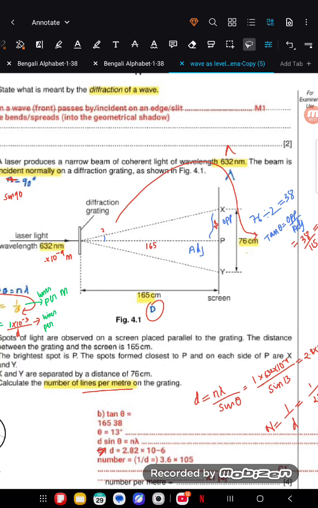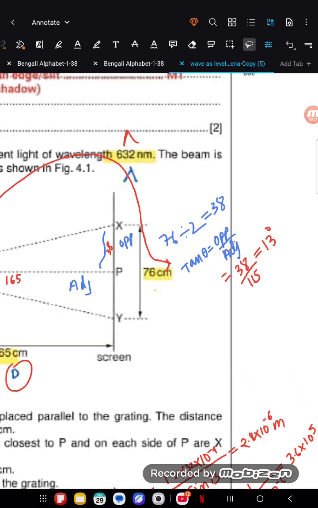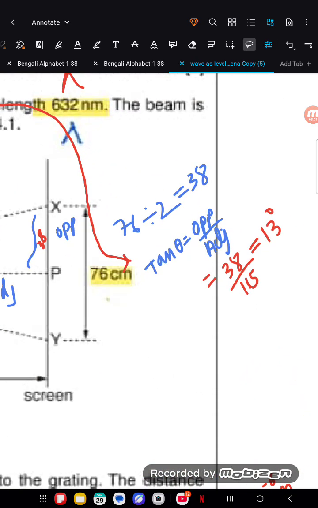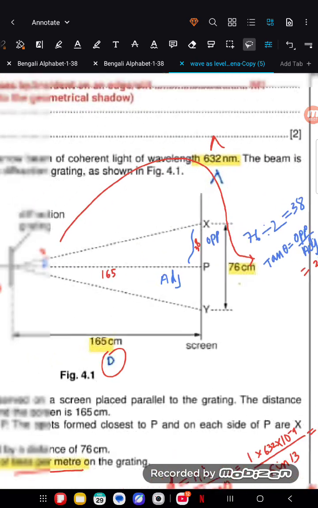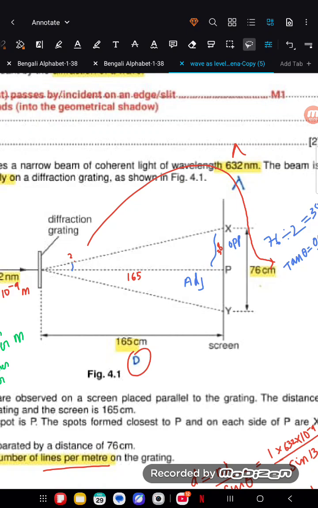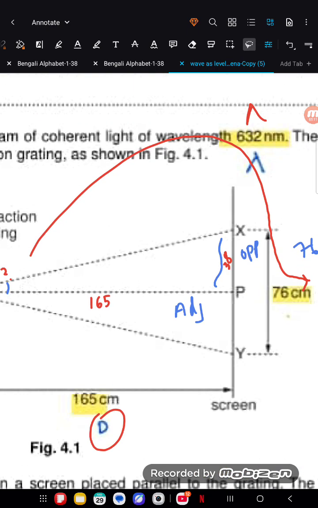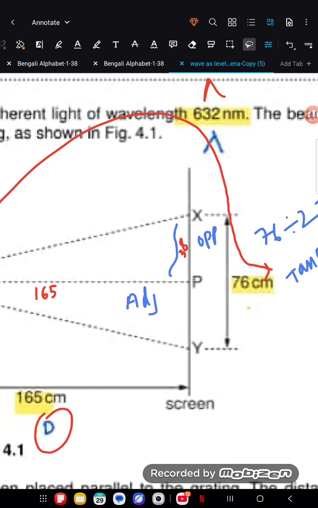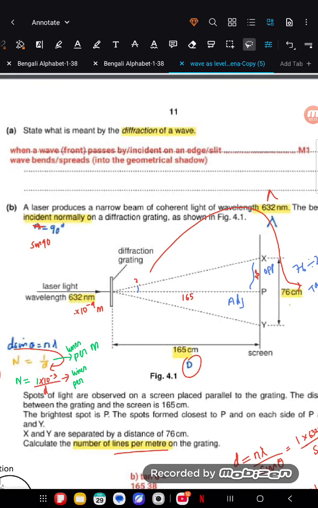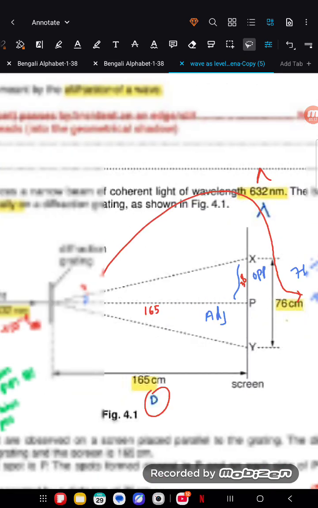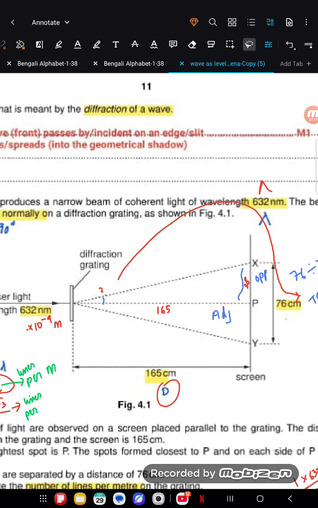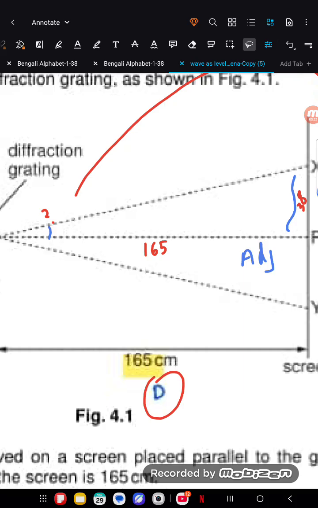We will use the formula tan theta equals opposite by adjacent. At this angle, this full distance is given, this is 76, and this is 165. Why do they give you this distance?